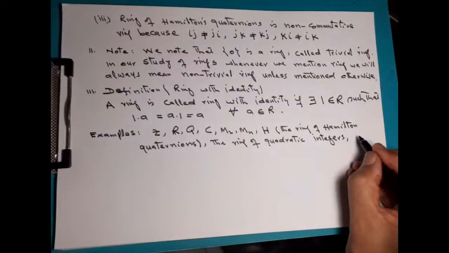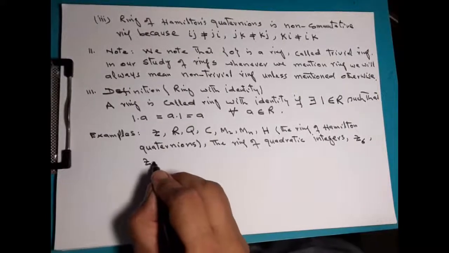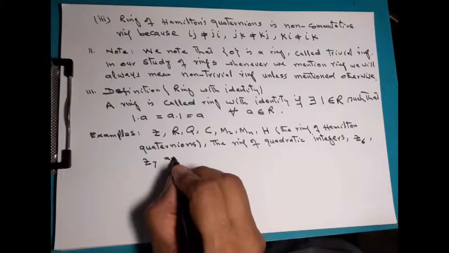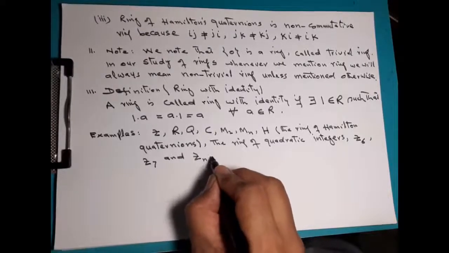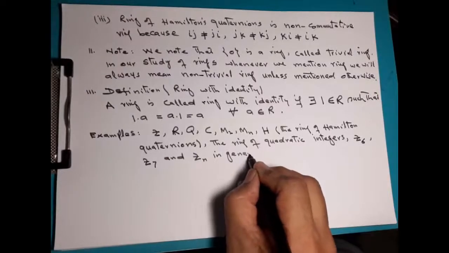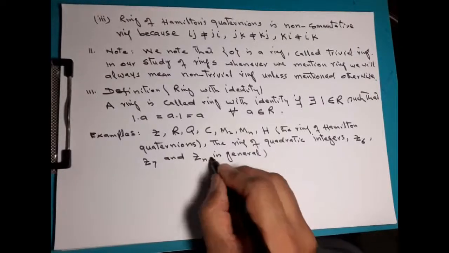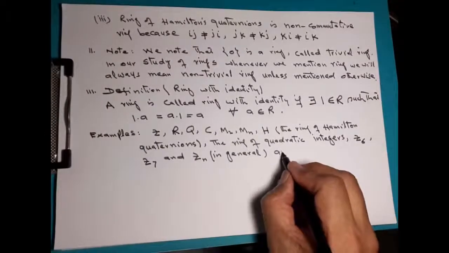And even Z6, Z7, and Zn in general. All these rings are rings with identity.